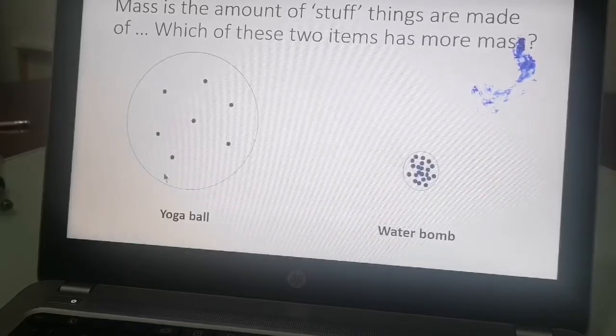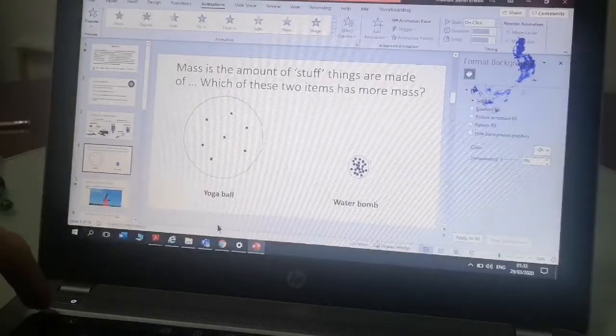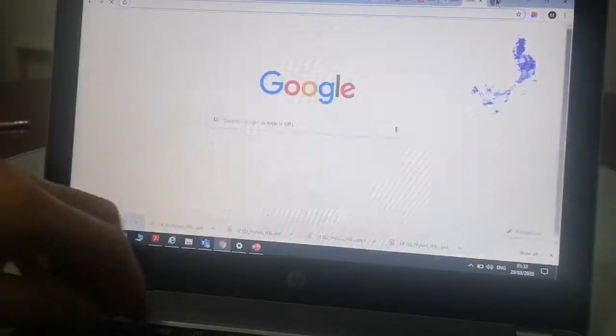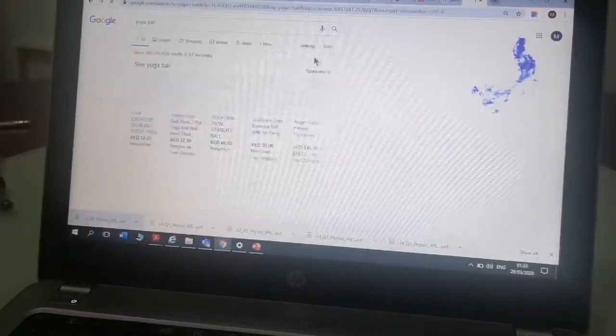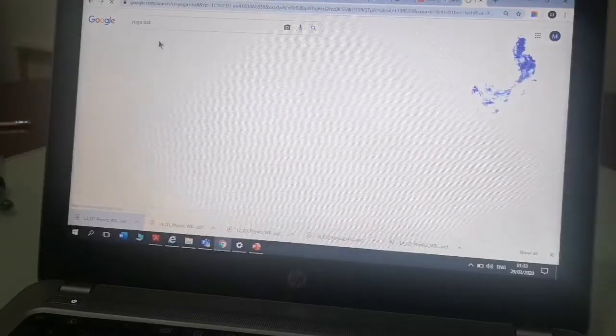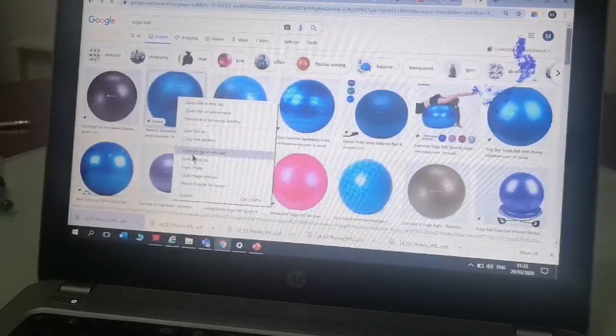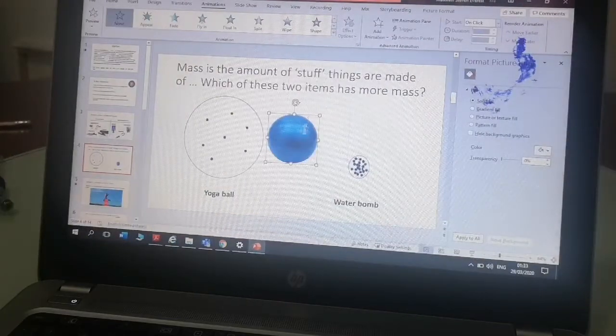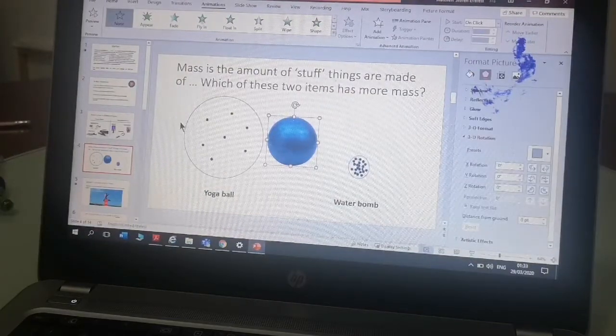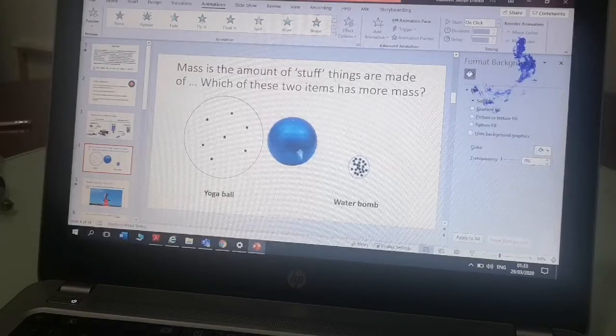So, mass of a yoga ball. What is a yoga ball? Okay, good question. Here's my yoga ball. Imagine the yoga ball there, doing some exercise.